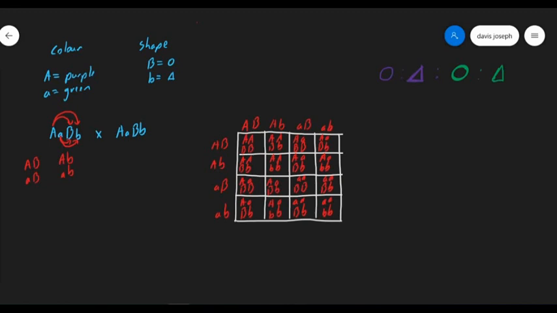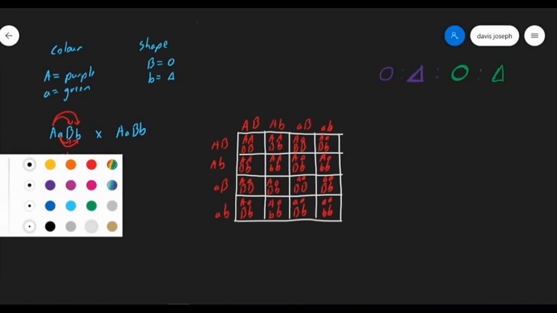So we're going to have our purple and round individuals.